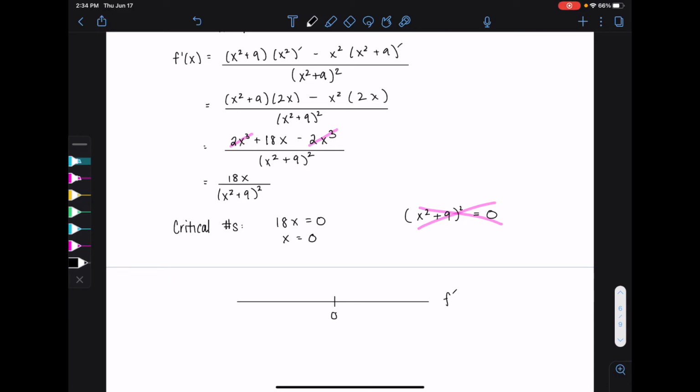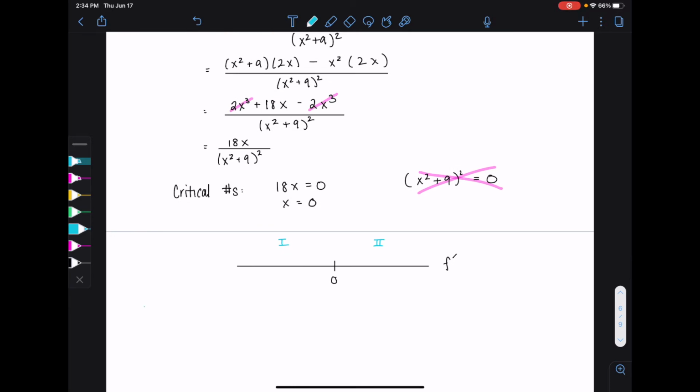And I want to see is my derivative positive or negative on each of these intervals. Okay. So from interval 1, we could pick -1. If I plug in -1 into my derivative, that's going to be 18 times -1 divided by -1 squared plus 9 squared.